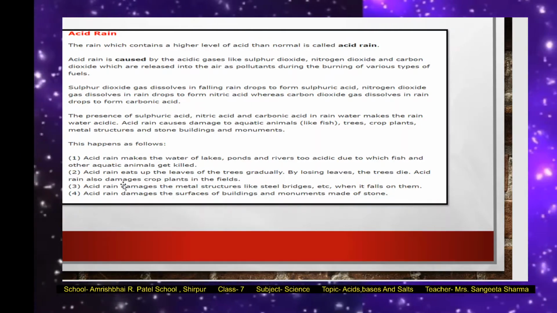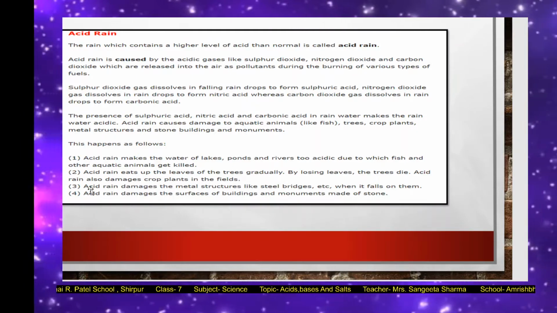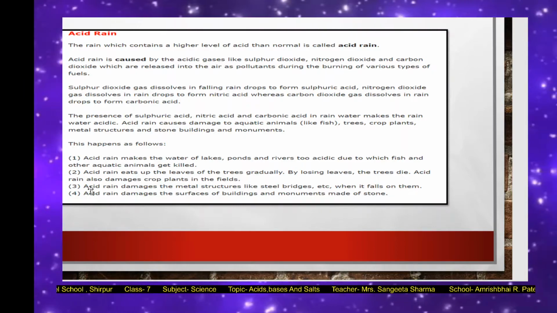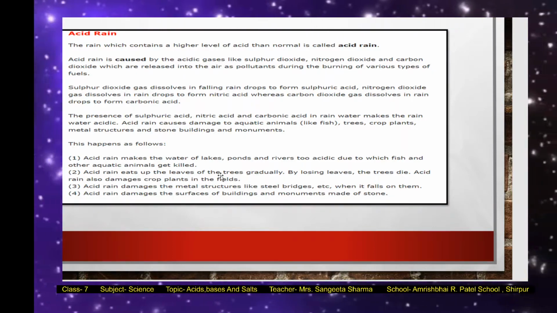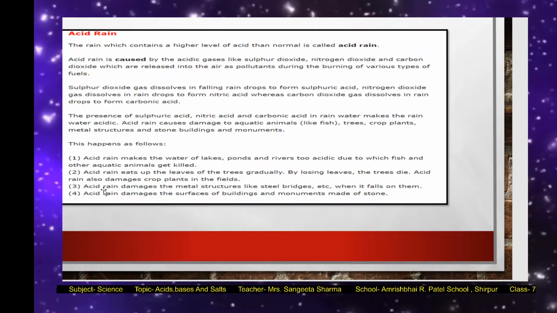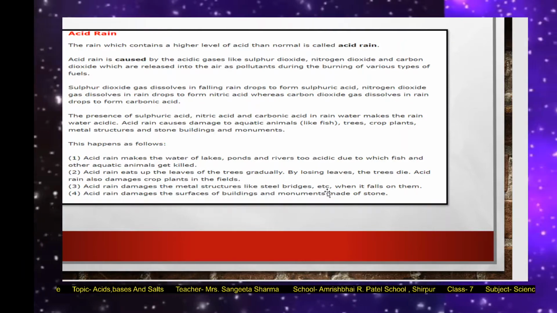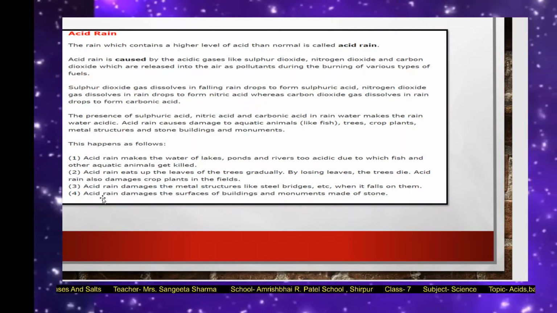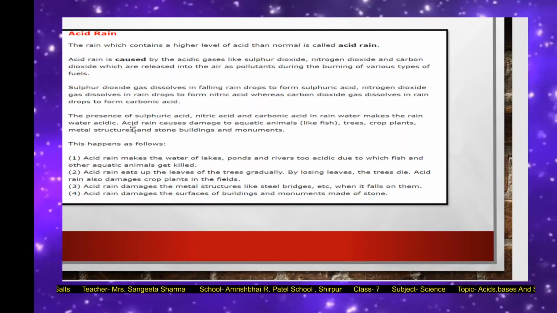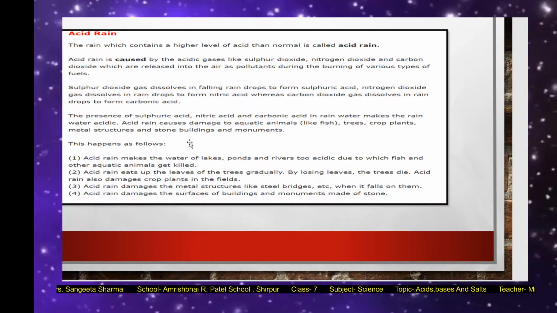Acid rain also damages crop plants in the field. No one likes more acids, so that is why acid rain causes these harmful effects. Acid rain also damages metal structures like steel bridges when it falls on them. It eats up metals because acid is present, and we know that sulfuric acid and nitric acid are both very strong acids.